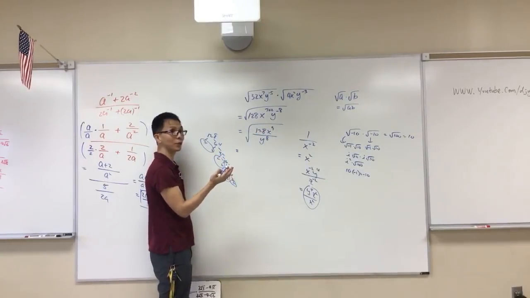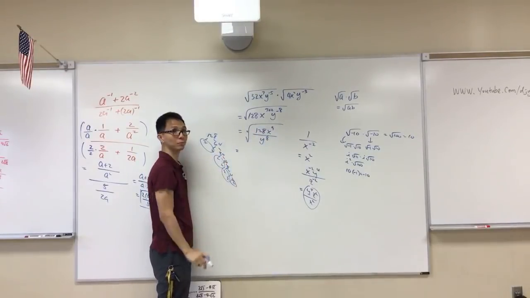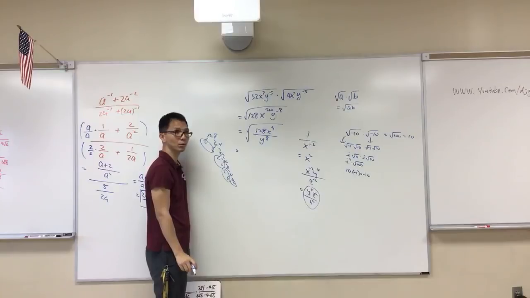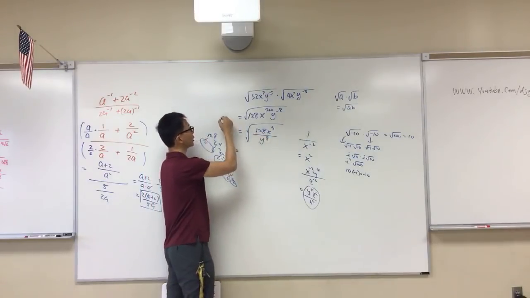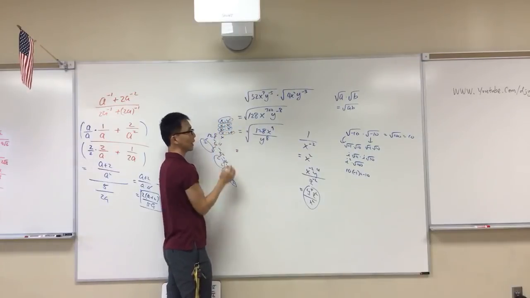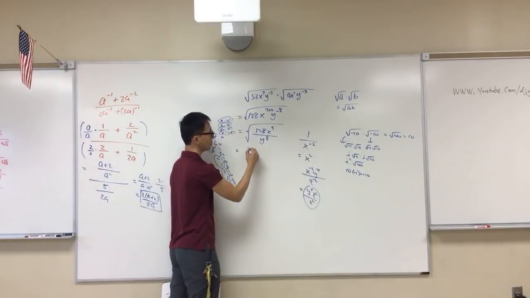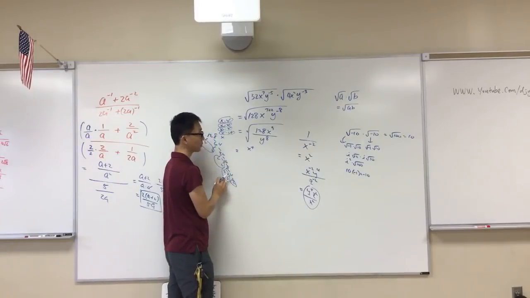You have 9, so the way I do x under the square root is I do 9 divided by 2. 9 divided by 2 is what? 4, right? So take out x to the 4th. You can do it the long way, but that's too long. So I can put x to the 4th on the top, and I can take out 2 times 2 times 2, which is what? 8.